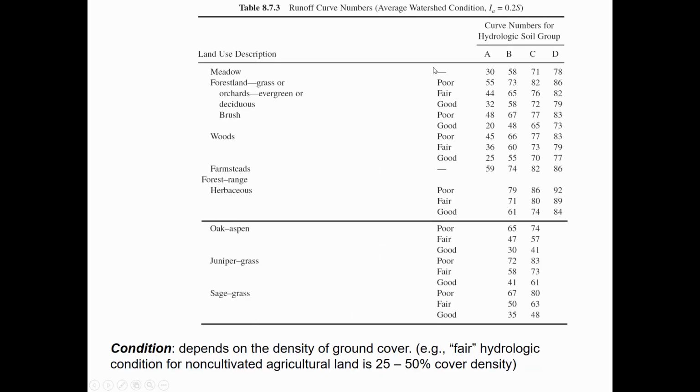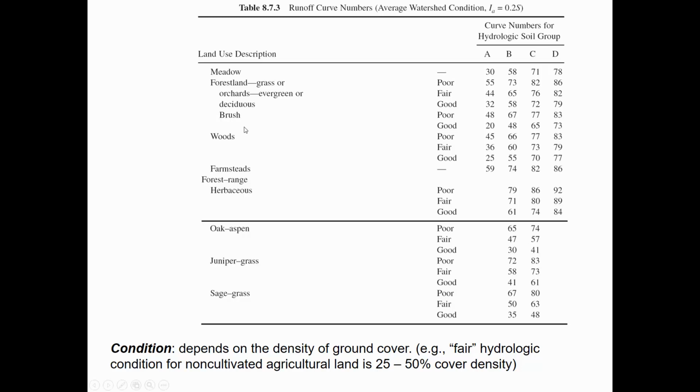Here are some curve numbers for undeveloped areas. This comes from your text in Chapter 8. So you can see there are curve numbers for woods. That's what we have around here. I think that the difference between woods and forests is that the woods are usually closer to human development, and it may be roads that are cutting into the wooded areas, because when you put a road in through a wooded area, vines and shrubs grow in the border of that wouldn't have been there if it was uninterrupted, like forest land.